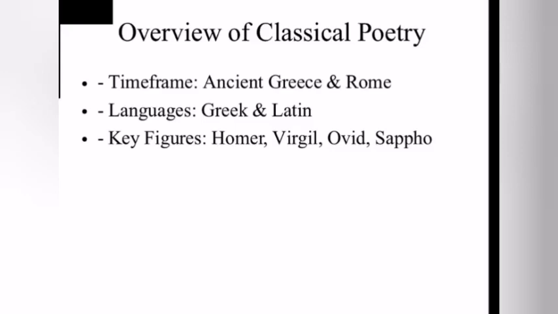And the key poets of this era, we have Homer, we have Virgil, we have Ovid, we have Sappho, and there's also Plato too. These are the people who significantly were a part of this classical poetry, who wrote something in that era.